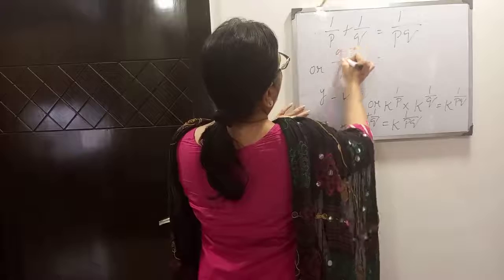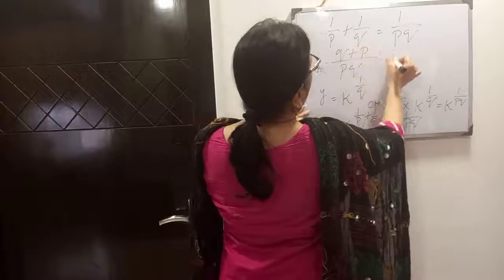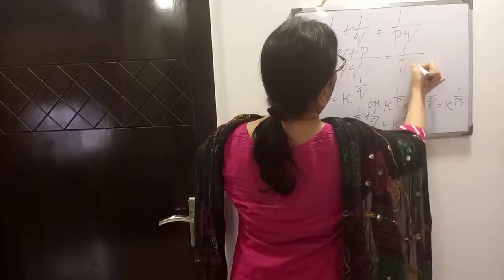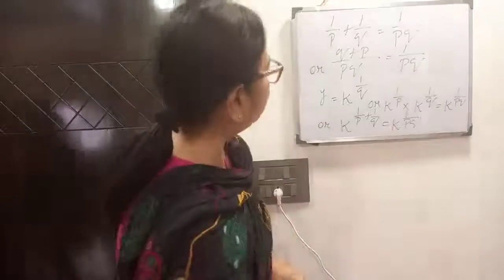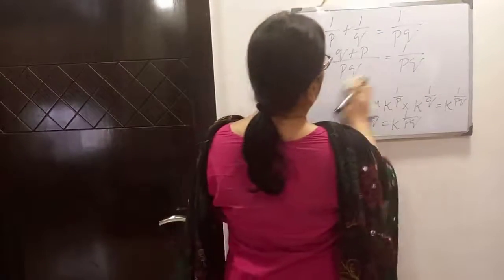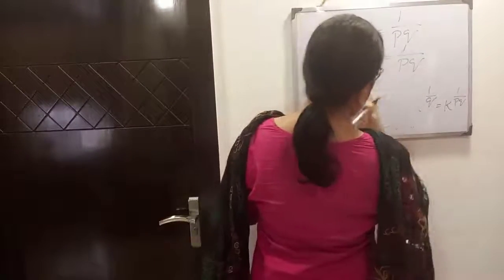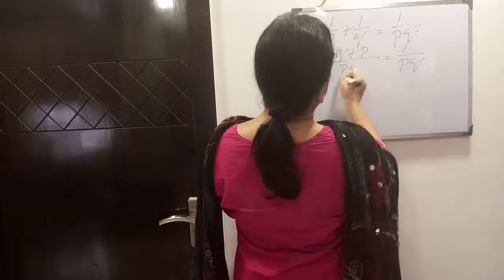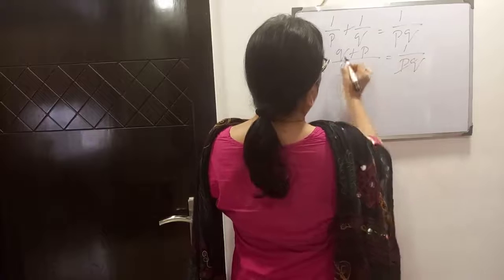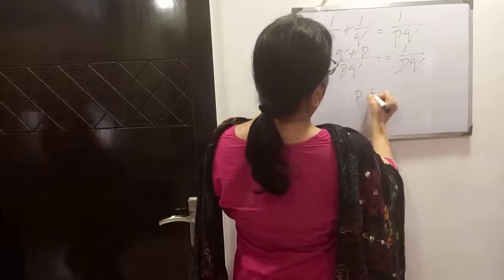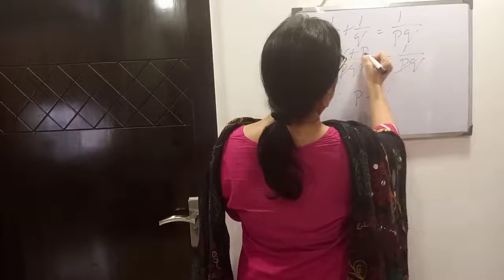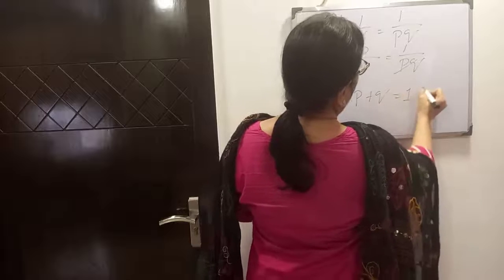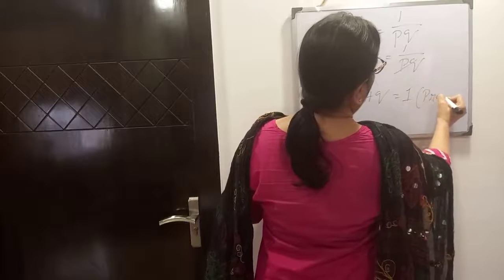So it is coming q plus p equals 1 by pq. Now from both sides we can cancel pq from the denominator. Therefore q plus p or p plus q, same, doesn't matter. So p plus q equals 1. This we have to prove.